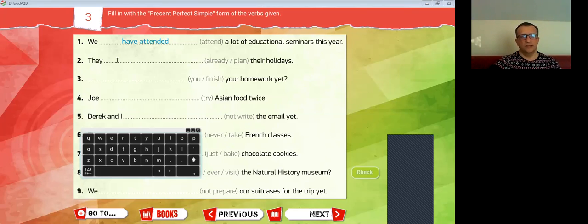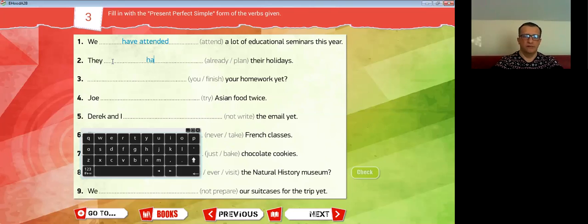Second, let's look at the second sentence. They, blah, blah, already planned their holidays. Yes, we use have with they again. So we say they have already planned, and they have already planned their holidays.